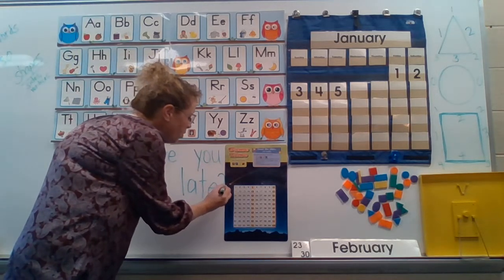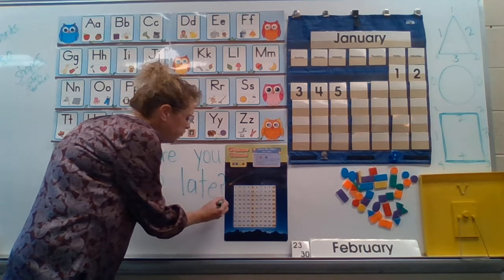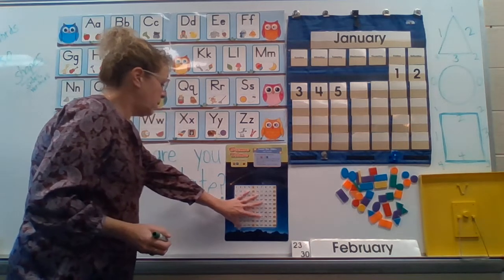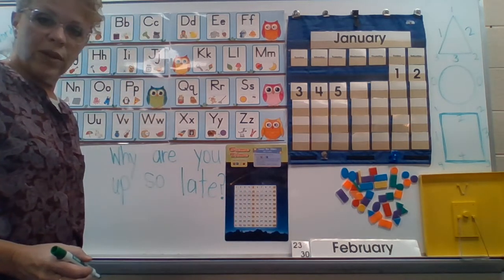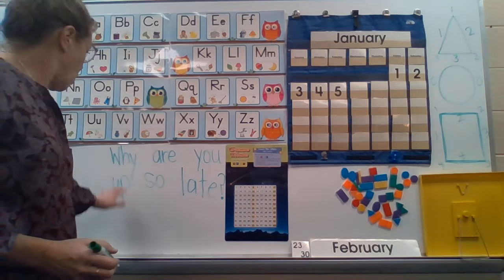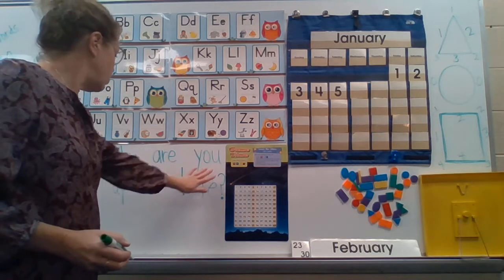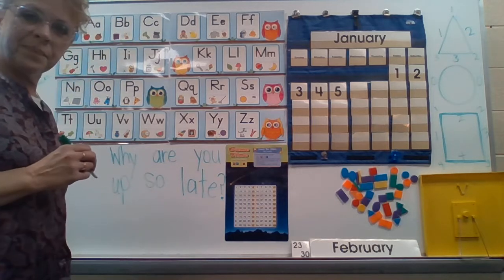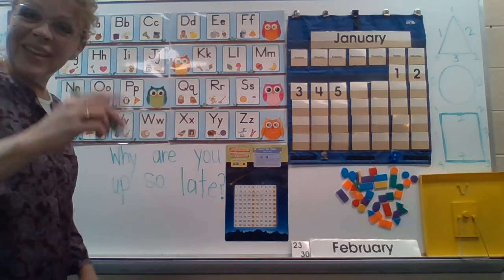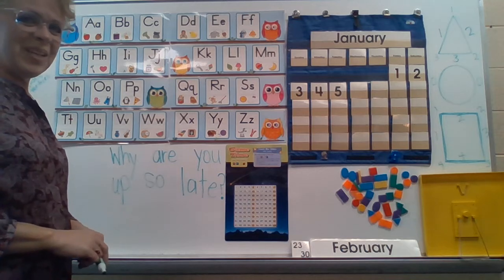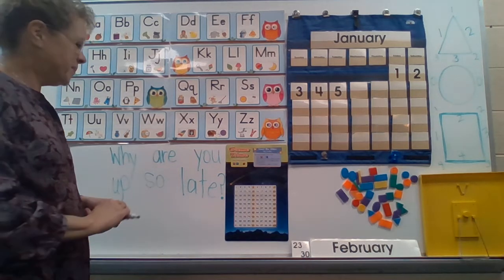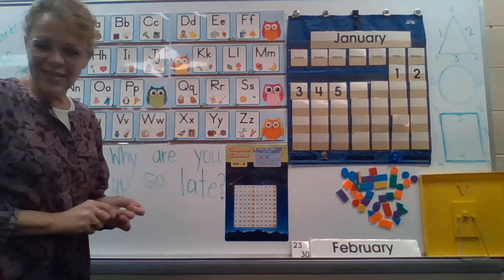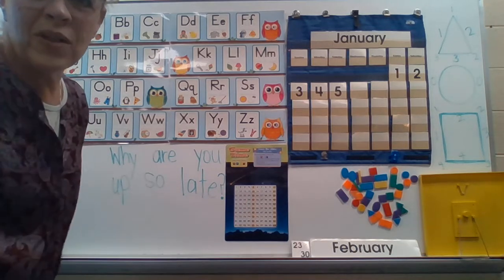We're going to make that curve down dot. Put your question mark at the end. Why are you up so late? Maybe you can write the answer to that too when we're finished. Something to think about. Welcome to 2021.